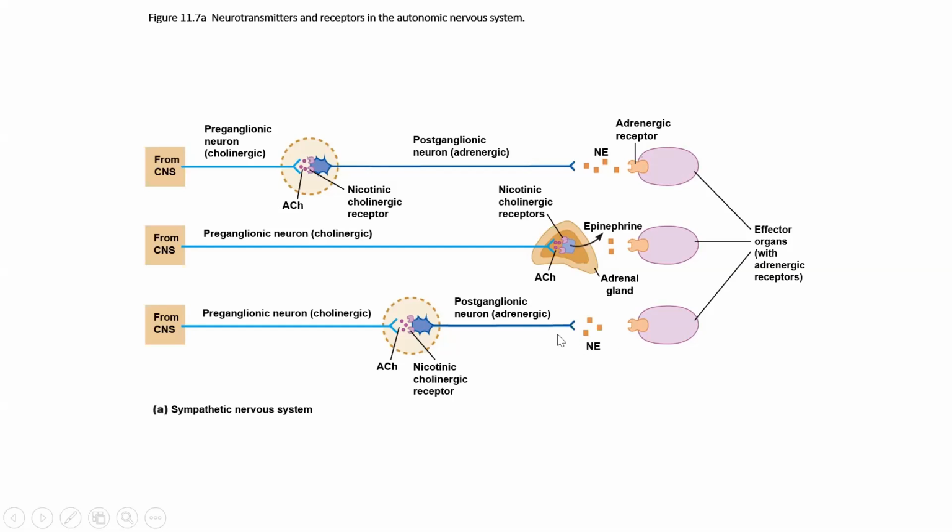In this instance, it's acting as a neurotransmitter, and so it will bind to an adrenergic receptor as well. Okay, so you really want to understand the layout here, the three routes of communication, and where we have different receptors. We've got nicotinic cholinergic receptors here, and then we've got adrenergic receptors on our effector tissues.